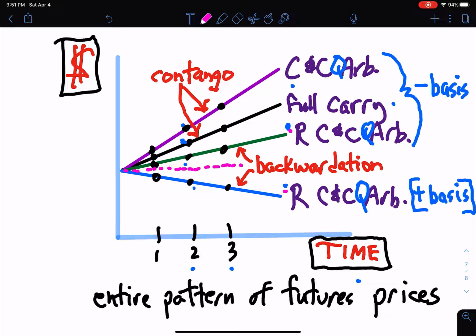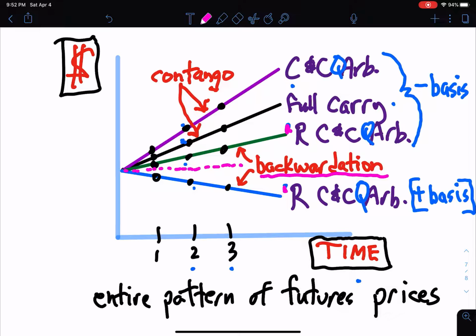And then the green line and the blue line represent circumstances where reverse cash and carry quasi-arbitrage is appropriate. But both of these are said to be representing a pattern of futures prices known as backwardation. Okay, backwardation.